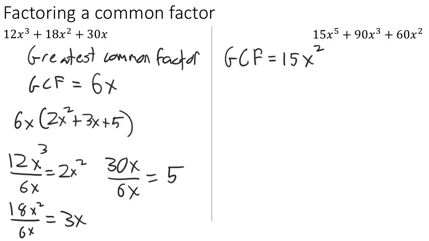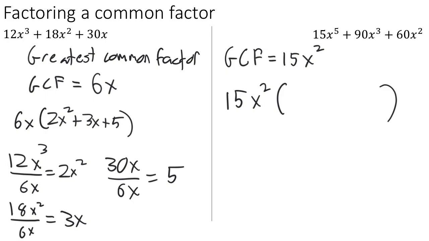So now we know that our factored expression is going to look like 15x squared on the outside of the parentheses, and then some other expression on the inside. Once again, we're going to divide each term of the original expression by the thing we're factoring out to figure out what's left inside the parentheses.